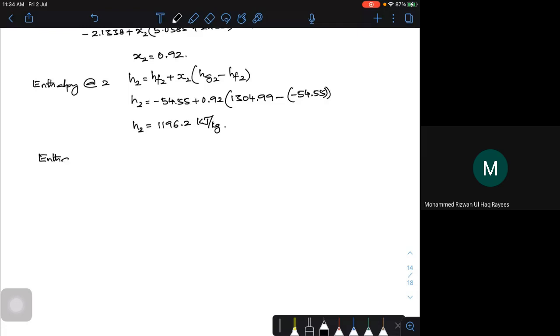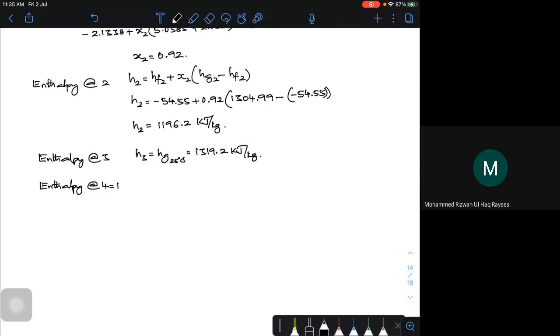Now enthalpy at 3. H3 is equal to Hg at 25 degrees Celsius, which is equal to 1319.2 kilojoules per kg. Now enthalpy at 4, which is also equal to enthalpy at 1.